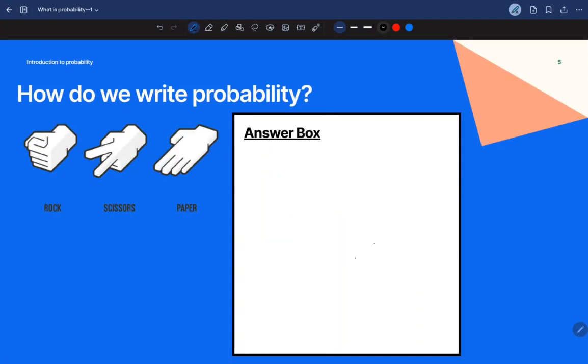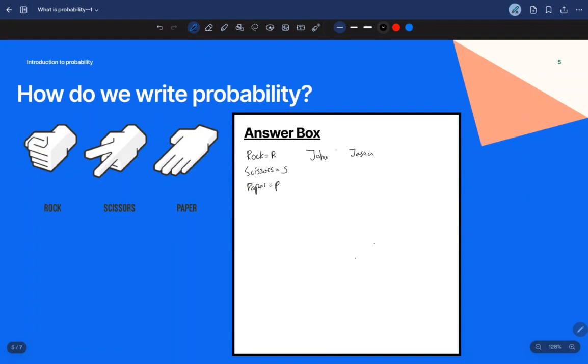Now, how do you write down probabilities? In this question, I will use rock as R, scissors as S, and paper as P. Let's think that there's John and Jason here.